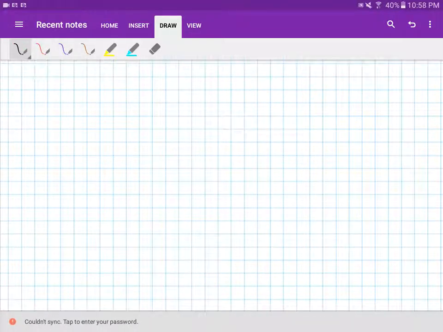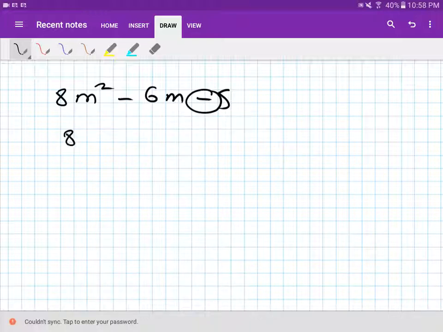And let's do one more. Let's say 8m squared minus 6m minus 5. Now, because it's a minus, I just put 1 plus and 1 minus straight away. 8m plus, 8m minus.